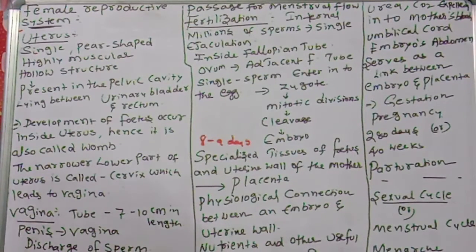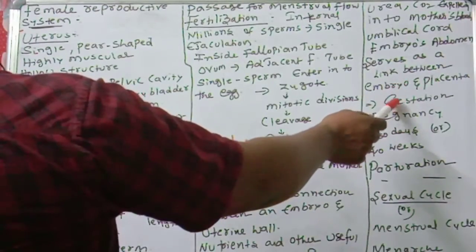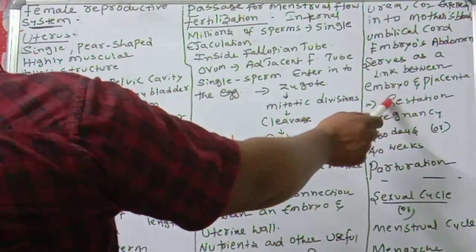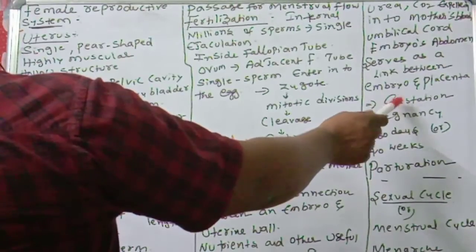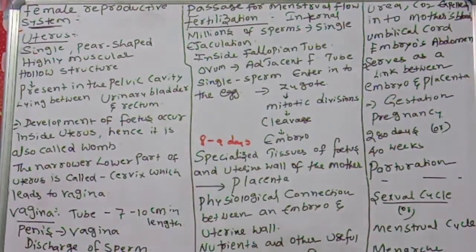Now the complete development. How many days are required for the development of a fetus? The complete development of the fetus from conception till the birth of the young one is called gestation, or in other terminology, pregnancy.